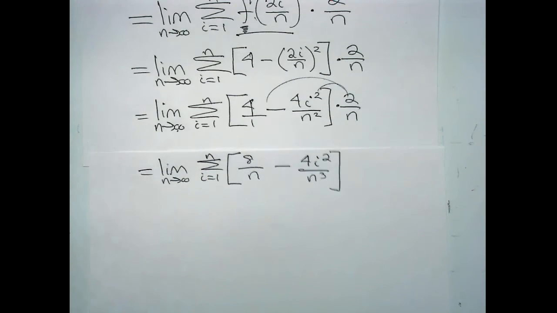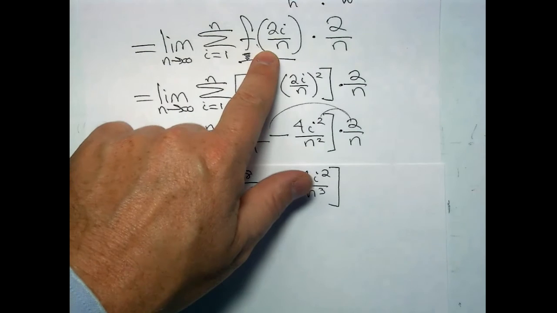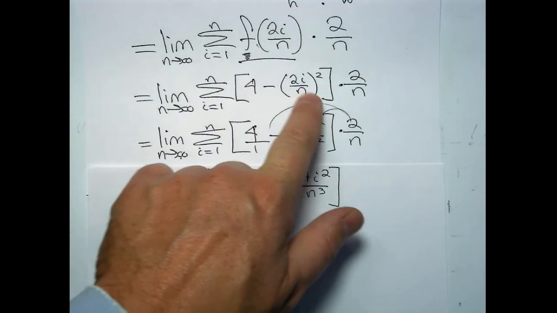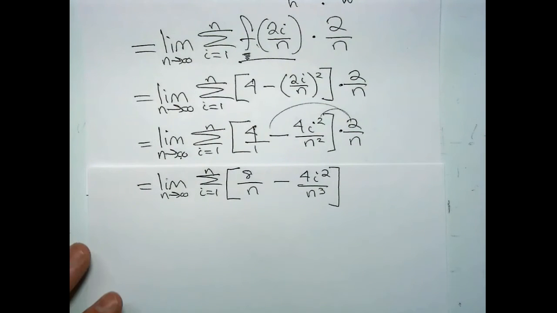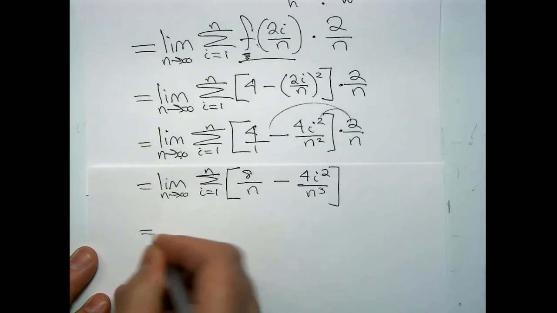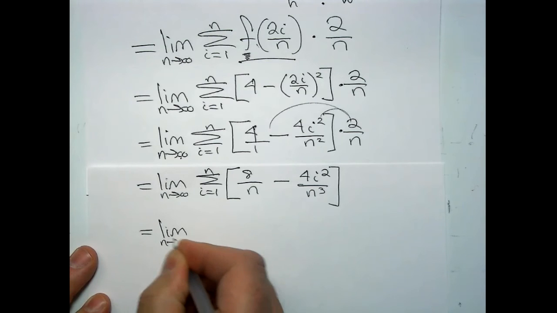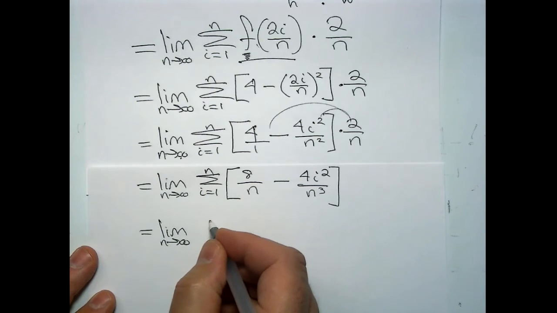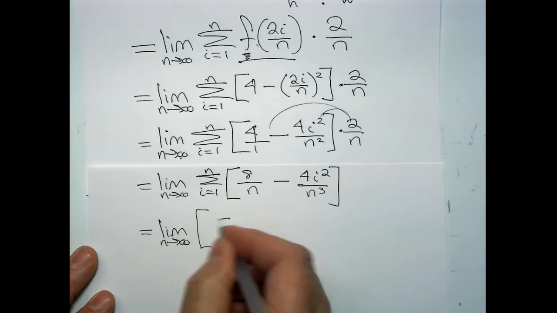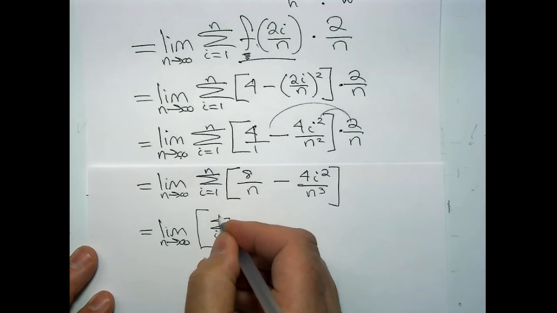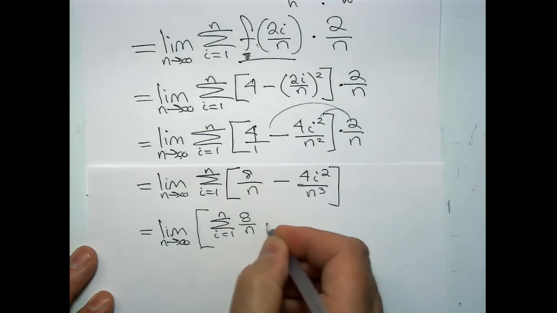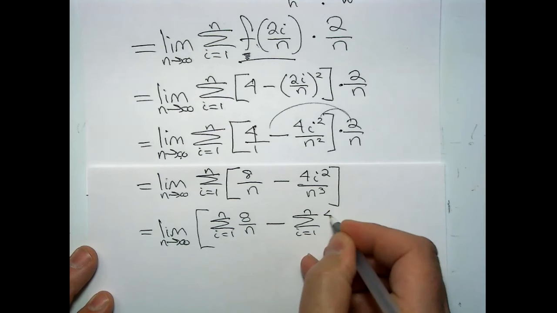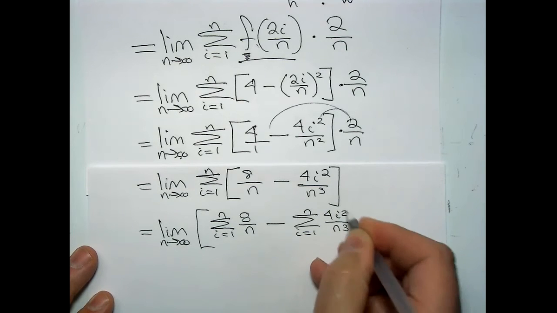That's what I did right about here. Execute that function, and don't forget to do that. That's important. 4 minus input squared. Now I'm doing my algebra, and I'm simplifying. Now the nice thing about sigmas is that each one of them gets their very own sigma. So it's going to be the sum of 8 over n minus the sum of 4i squared over n cubed.